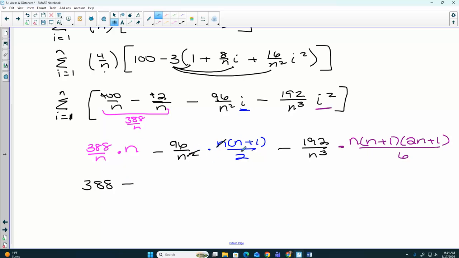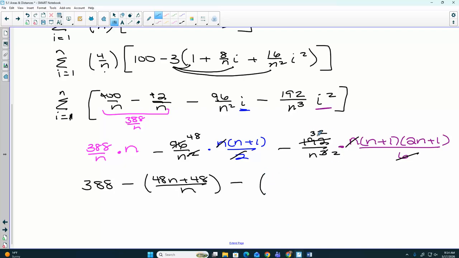I can cancel one of these n's. 96 divided by 2 will give me 48. Divided by 6 is 32. Cancel that in.